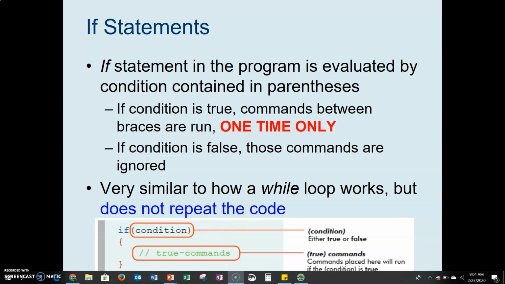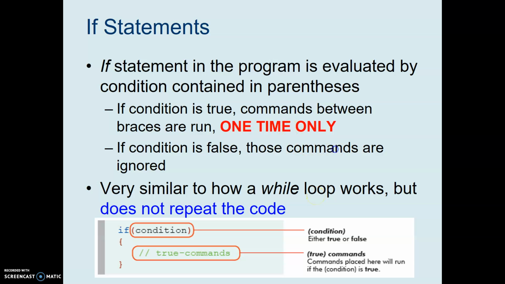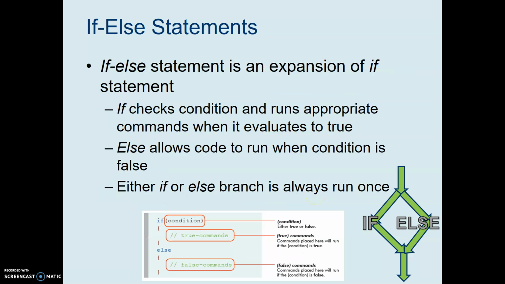What's nice about these if statements is you can give the program an ultimatum: if this happens, do this, or else do this. So the if-else statement is just an expansion of the original if statement. You can almost think about it like a choose your own adventure path, where your program reaches a point where it needs to identify if something is true or false.